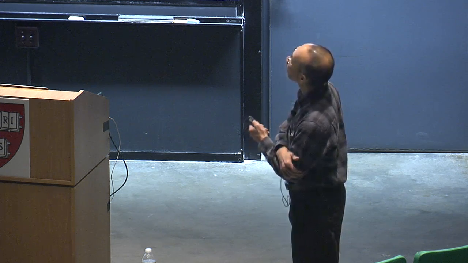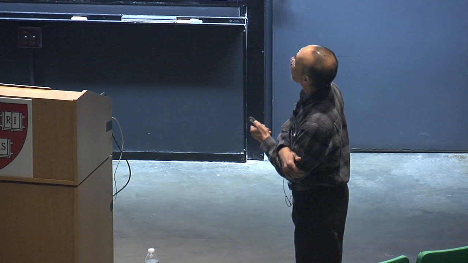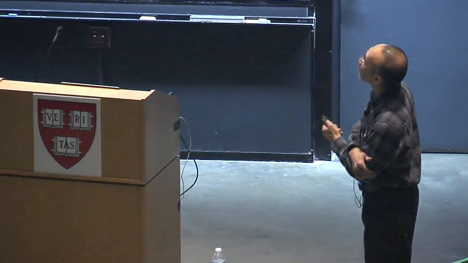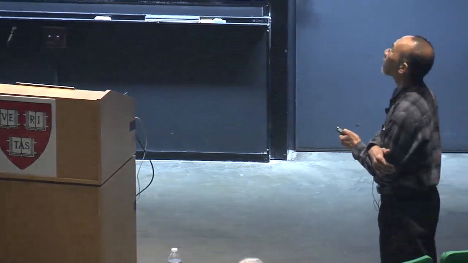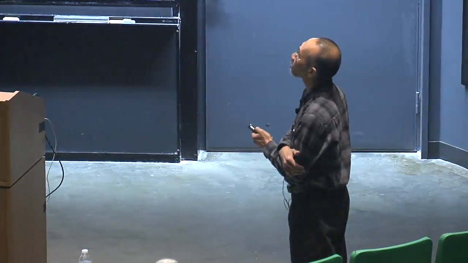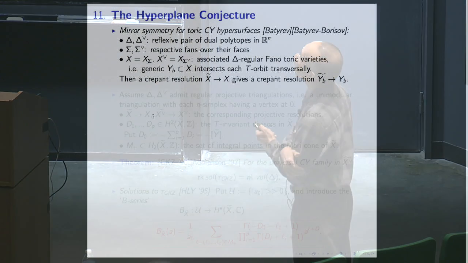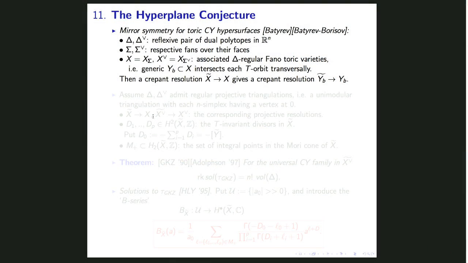This pair of toric varieties has the property that they're delta-regular Fano toric varieties. That is to say, the generic Calabi-Yau hypersurface intersects each T-orbit transversally.